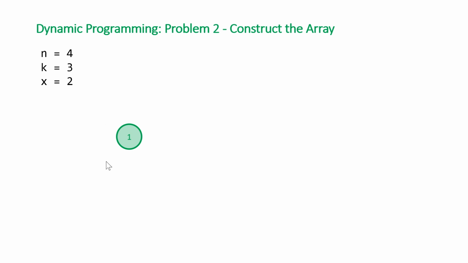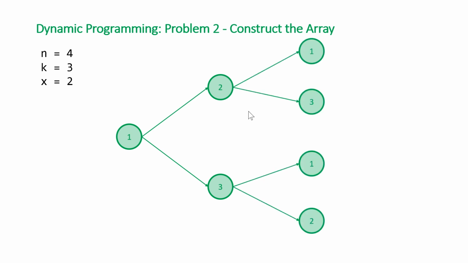So starting with our array, we start with the value 1, and then because this problem states that 2 consecutive elements can't be the same, we know that the next element can't be 1. So that means it can either be 2 or 3. And then from each one of these points, we do the same operation. So when our element is 2, that means the next one can be 1 or 3. And when our element's 3, the next one can be 1 or 2.